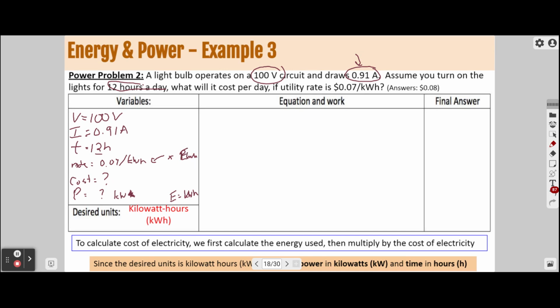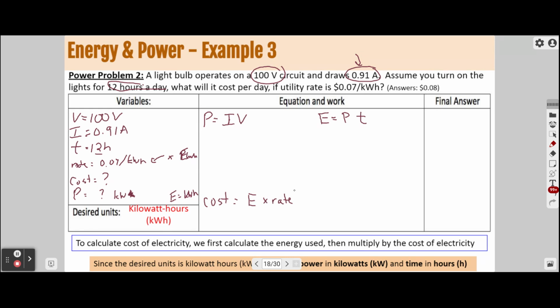So first step we're going to do is find our power. So power is equal to current times voltage. Once we have our power, then we can use the equation energy equals power times time. And that'll give us our energy. And then once we have our energy, we can figure out our cost. And that'll be equal to the energy times the rate.